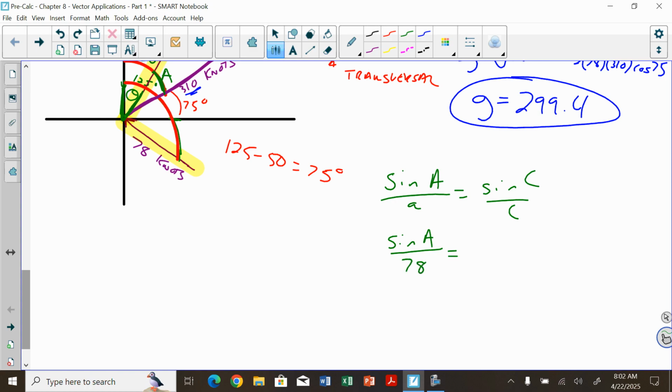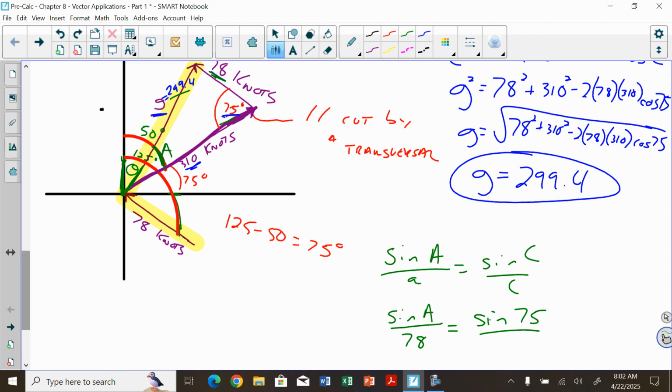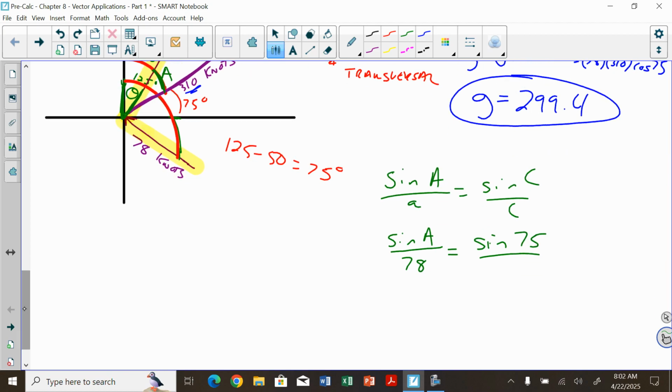Stay with me here. And sine of C, I know, is the 75 degrees that we have here over this value that we just found, 299.4.